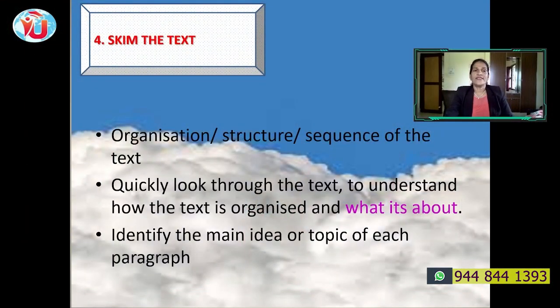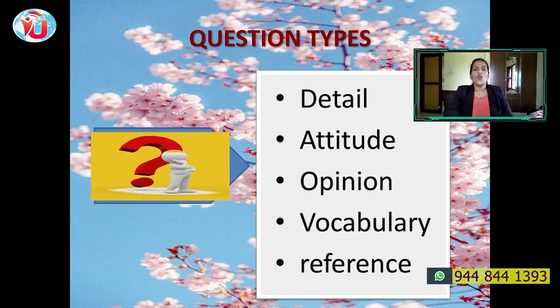Is that clear? Yes. Now, very important in part C is the types of questions that are there. We know in part A there are 3 types of questions, but in part C we have 5 types of questions that every student should keep in mind. Once you know the types of questions, it is easier for you to answer.